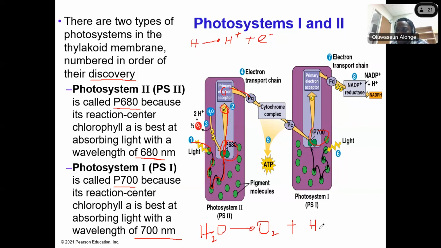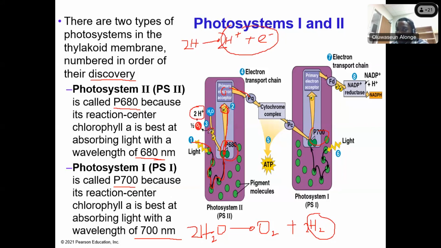If you have 2 here, we'd rather have 2 here again to balance this. Don't worry, this is just to balance the equation. So that means we have 2 of these. If you have 2 of these, it means you have 2 of this, because H simply means H plus and E minus. So if you have 2 of that, it means 2 times this, and that's what you see here.